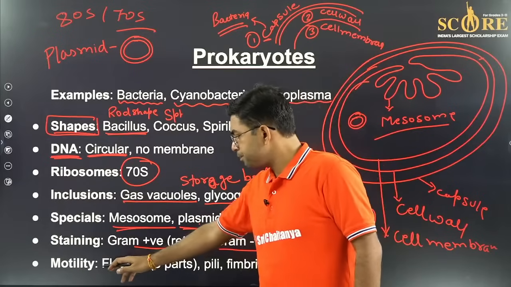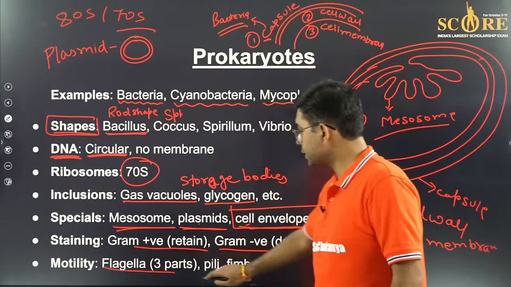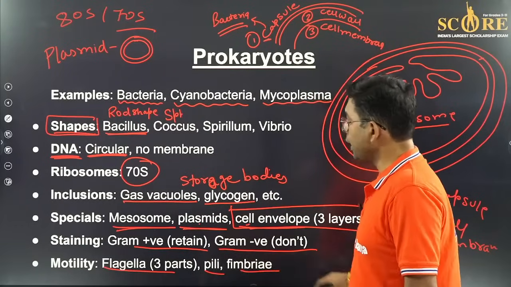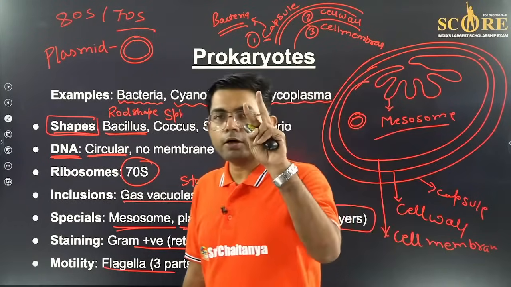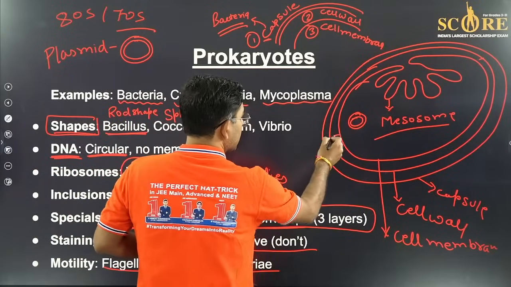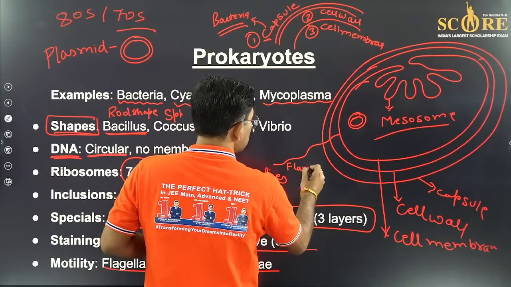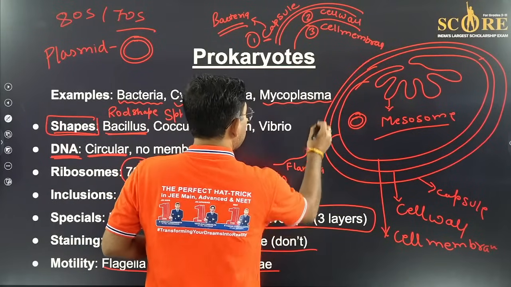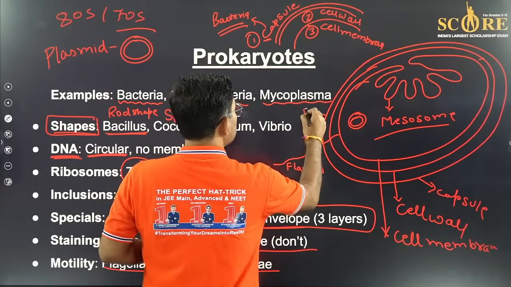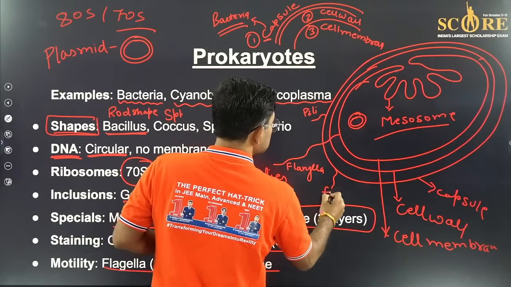Then comes the motility. Now motility is through flagella, pili and fimbriae. So in this structure they will have a very long flagella, and the smaller ones are called pili and fimbriae.